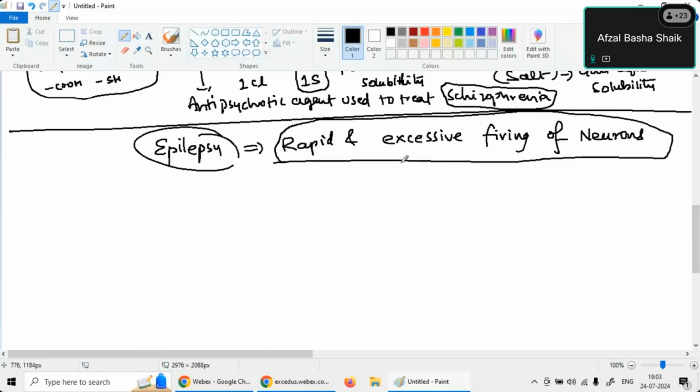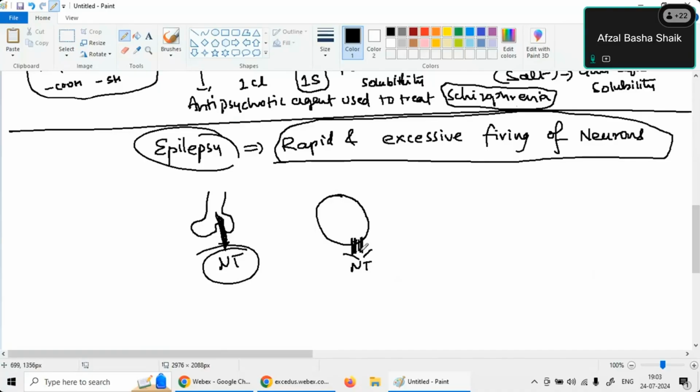Generally, firing of a neuron means the nerve is releasing what? Neurotransmitter, right? Say this is a nerve cell. For our convenience, I have written it in the form of a circle, which is not the actual shape. So whenever there is firing of neurons, there is release of more amount of the neurotransmitter.